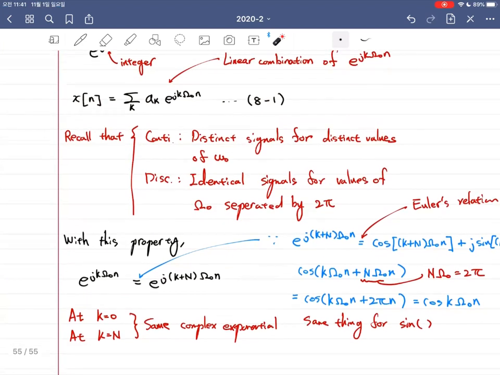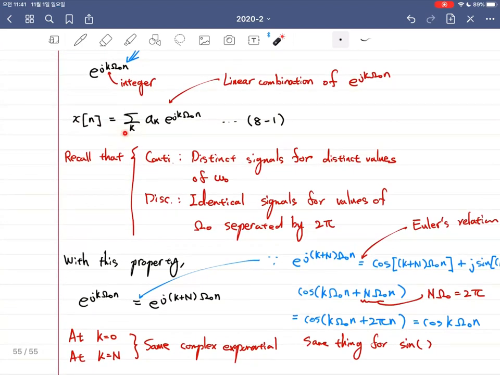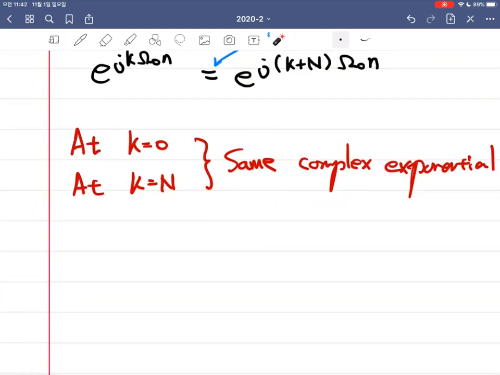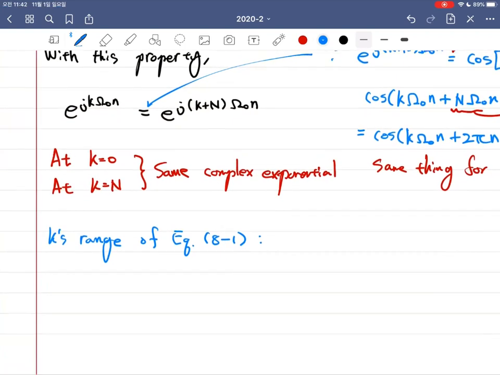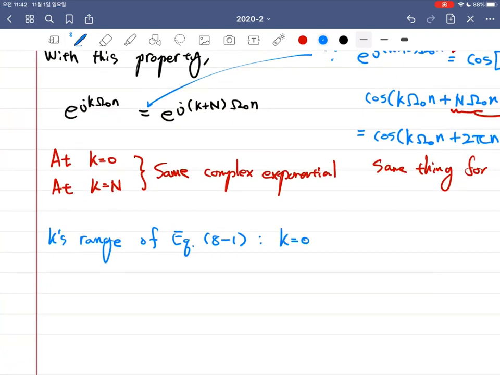So the range of k of this summation for equation 8-1, if it starts with 0, then you can stop at when? You can stop at N minus 1.